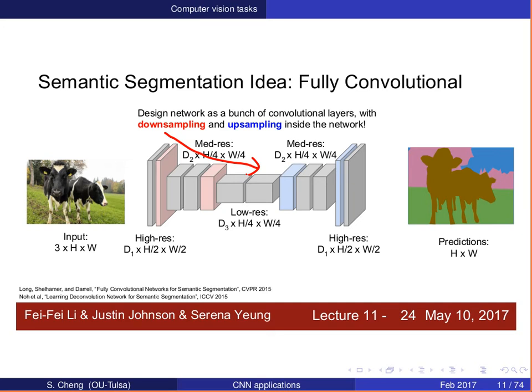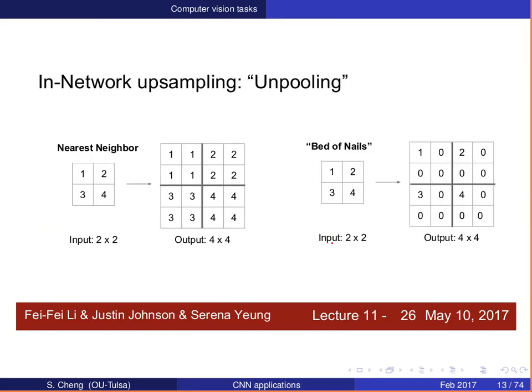Upsampling is a little bit new to us. We kind of mentioned upsampling last time when we talked about guided backprop and deconvnet. So the idea is quite similar here.